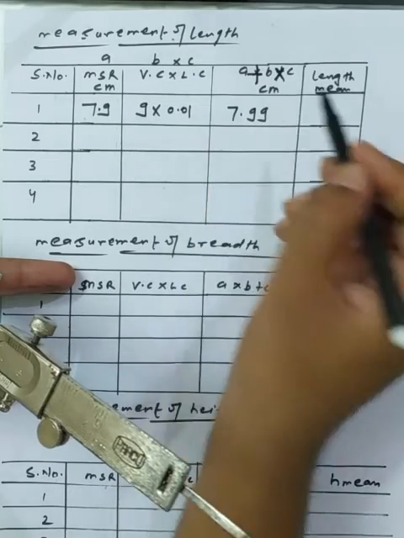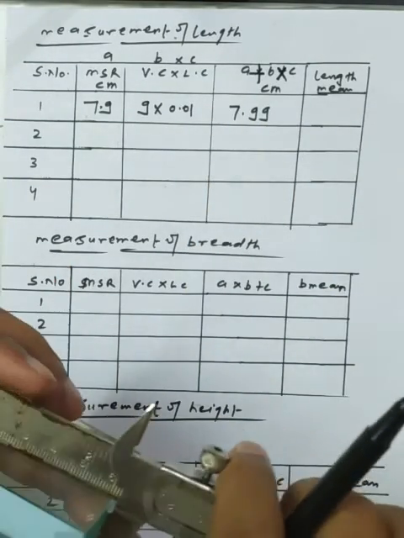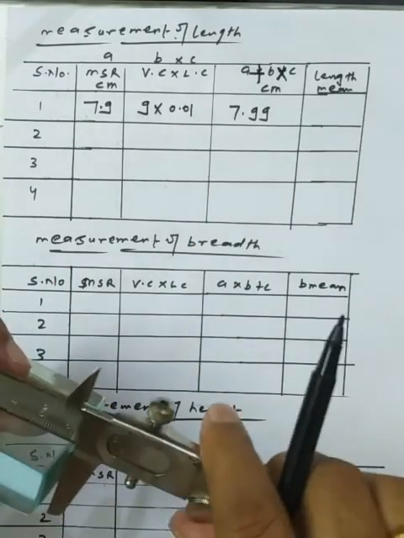That is the length of this rectangular block, the glass slab.